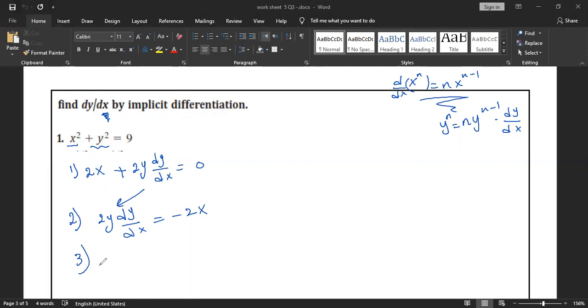Fourth step, solve for dy by dx. It will be negative 2x over 2y. Simplify it, it will be negative x over y. That is the derivative of this function.